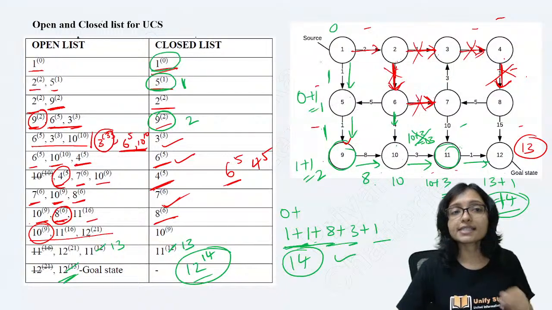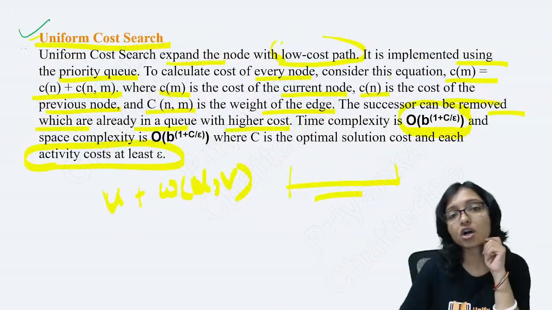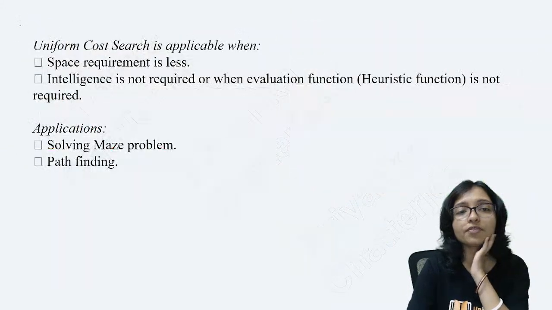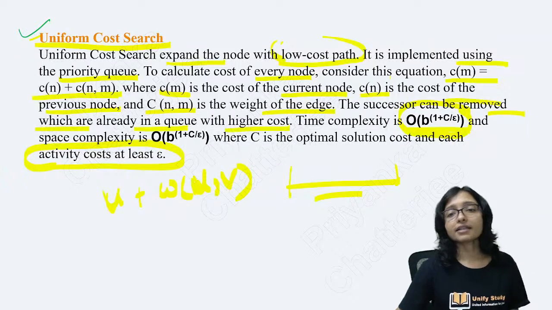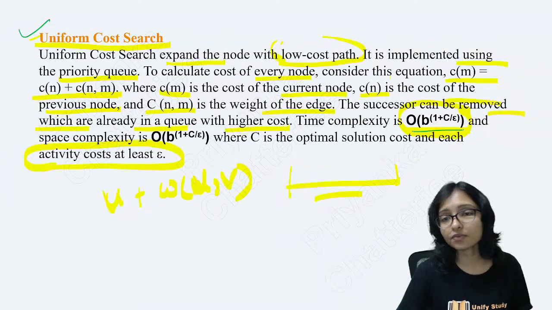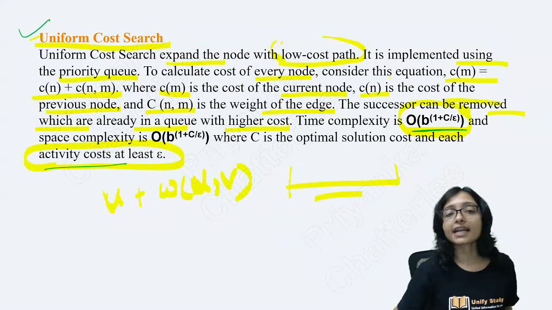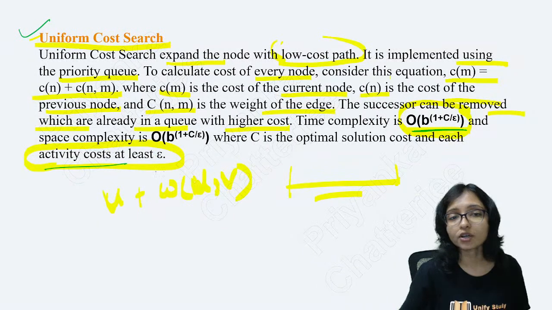Yes. So this is your uniform cost search. This is called the uniform cost search technique. I hope it is clear to everyone how it is working. So this is the algorithm, and that's why here the complexity will be this one. The activity cost, because when we are comparing, that activity cost will be there. We have to think about that activity cost also as an epsilon value.